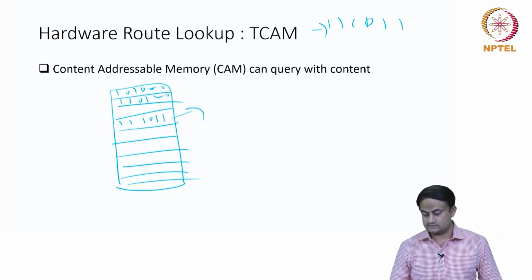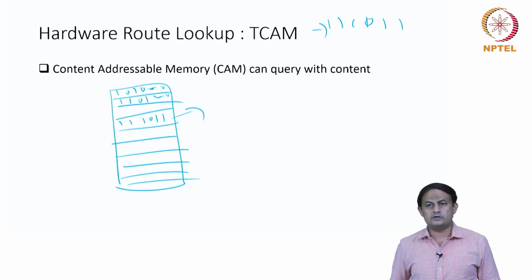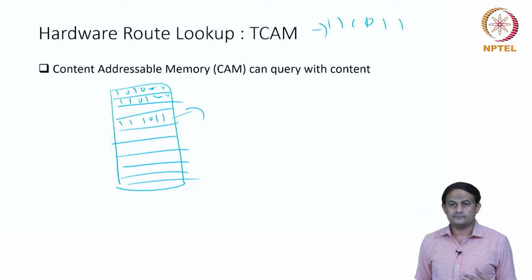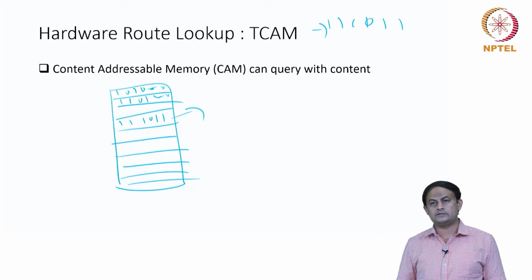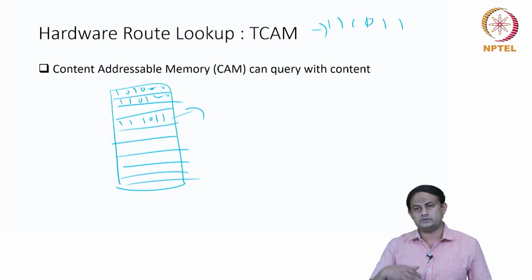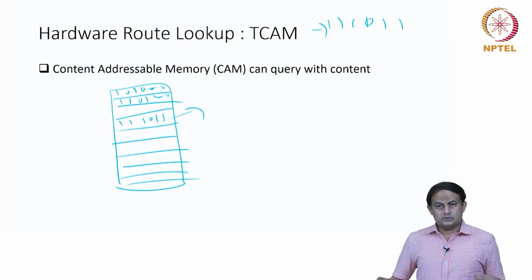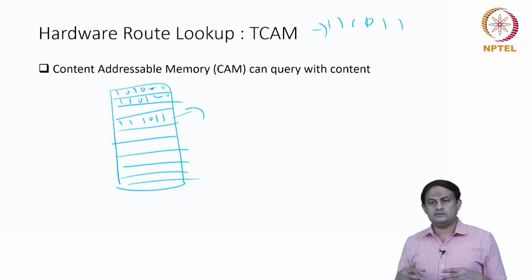So one of the key features of this TCAM is, although it is doing the content search in the memory location, the beauty of this TCAM is it can do the search operation in order of one time, or in constant time. What it means is, the TCAM memory has been designed to do a parallel comparison.